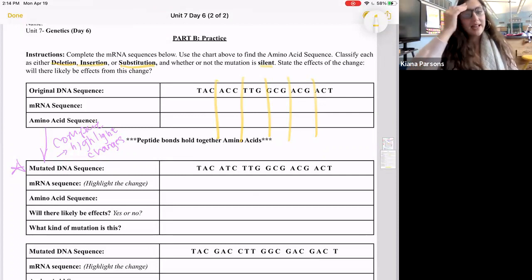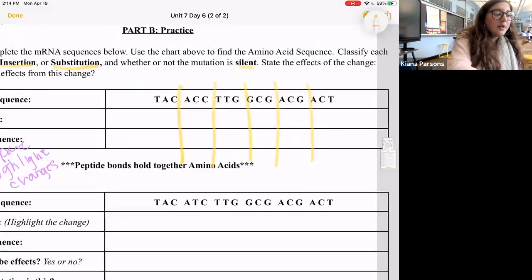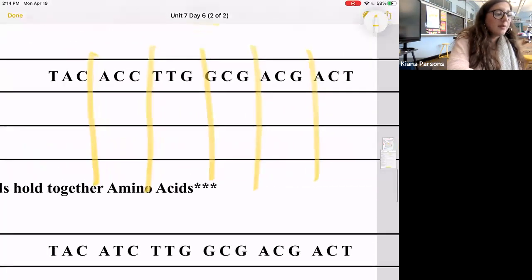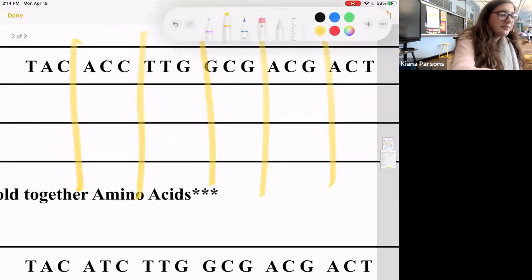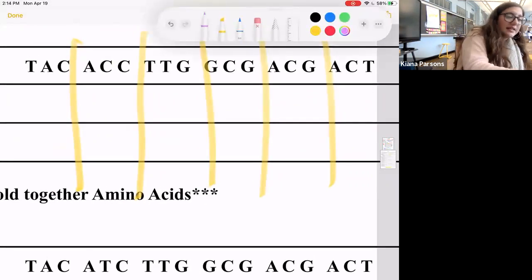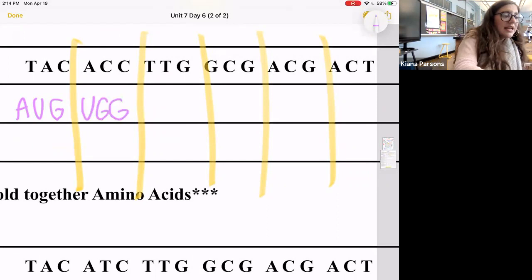mutation. All right, so let's go ahead and do the first one together, starting with transcription, the easy part. So we're looking at TAC. That's going to become AUG, which is good. That's our start codon. ACC is going to become UGG.